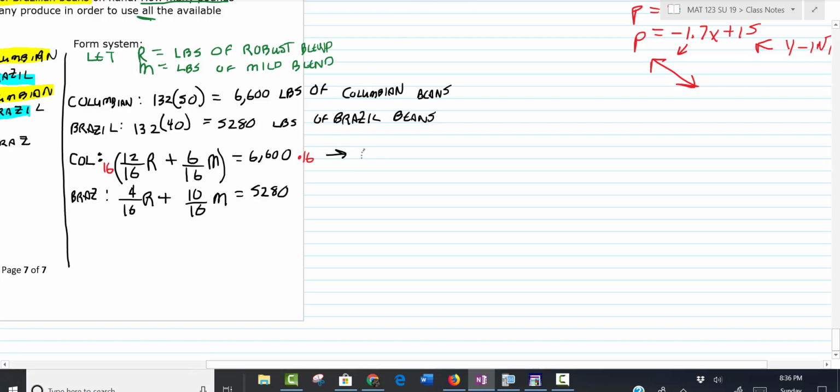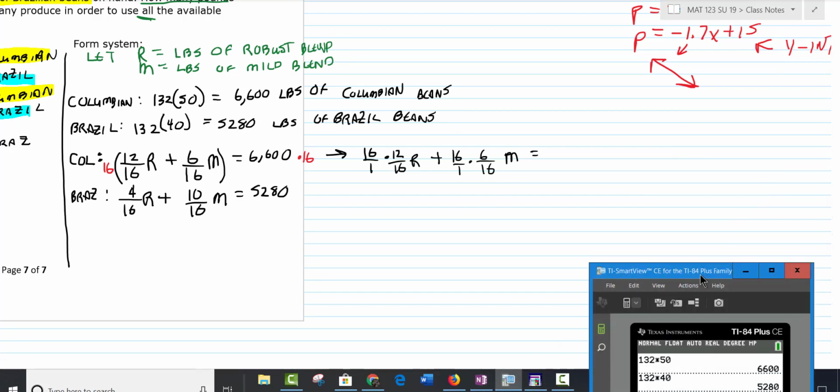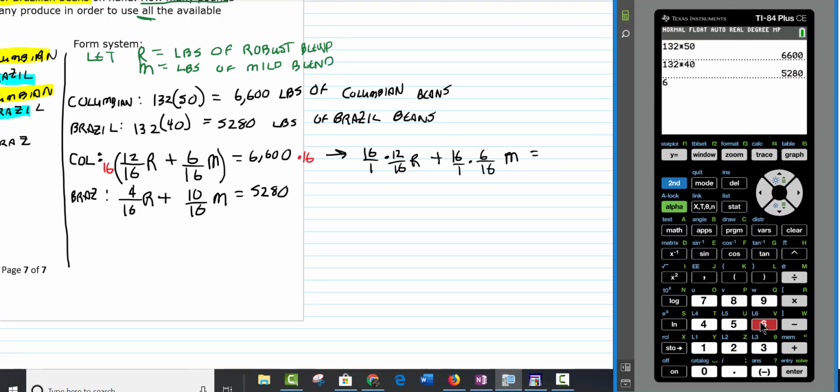So I would do 16 over 1 times 12/16 r plus 16 over 1 times 6 over 16, and that would be m. Then I do 6,600, getting to some pretty big numbers, times 16.